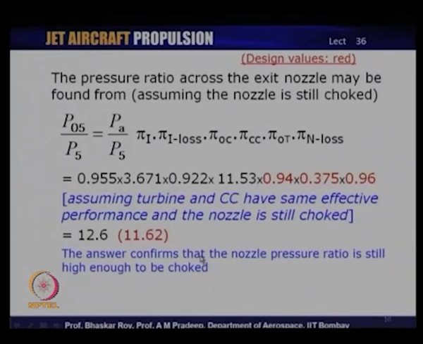We have discussed this in your intake nozzle chapter, and we have shown that if the nozzle pressure ratio is very high, you have to use a convergent divergent nozzle, and this is what has indeed been used in this particular engine for the design pressure ratio of 11.62, which means this convergent divergent nozzle would continue to be useful at the off design operating condition we are looking at, because the pressure ratio is still very high.